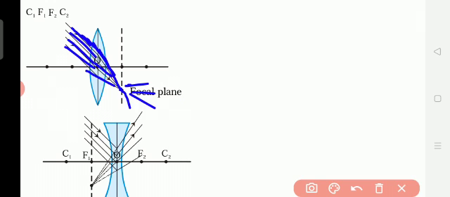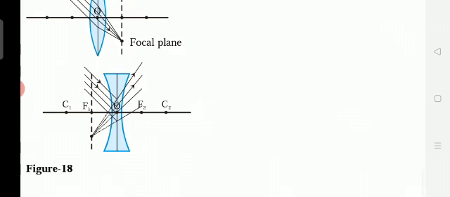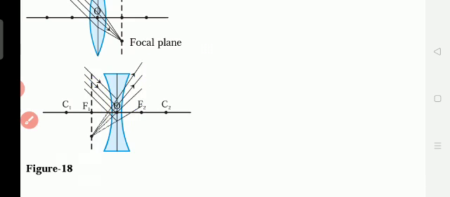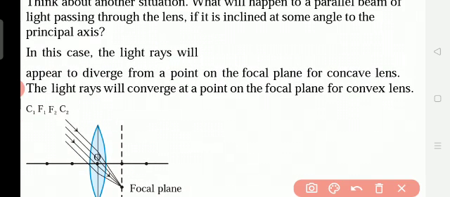In the case of a concave lens, coming at the optical center and diverging, all the rays will show as though everything is coming from the focal point. Understand? So that is the one.